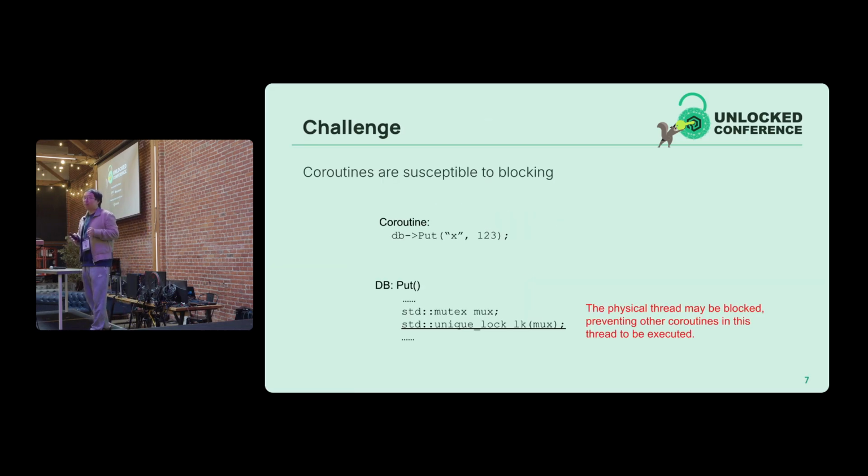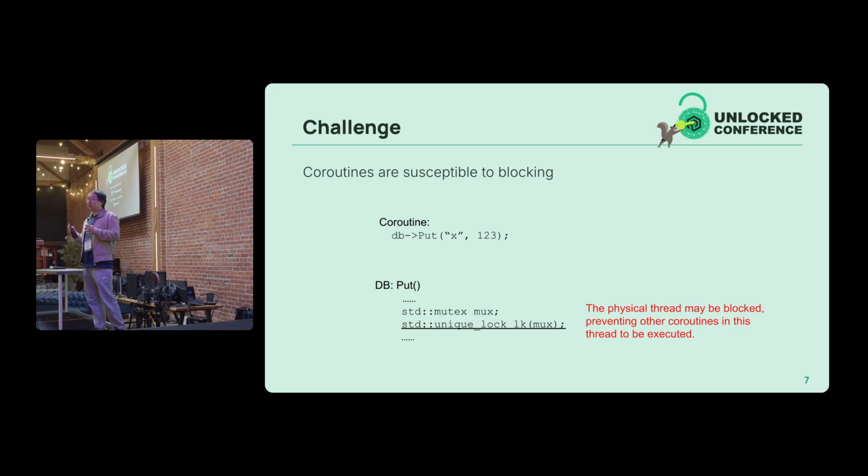But when we move from the threading model to the coroutine model, the very important aspect to keep in mind, in my view, is that coroutines are really susceptible to blocking. Of course, I/O is a major source of blocking, but right now we have asynchronous I/O, so that part is solved. But there are other sources of blocking. Here is one example.